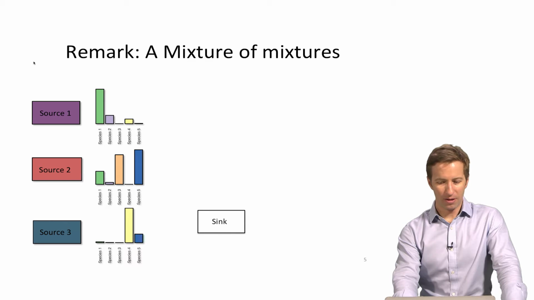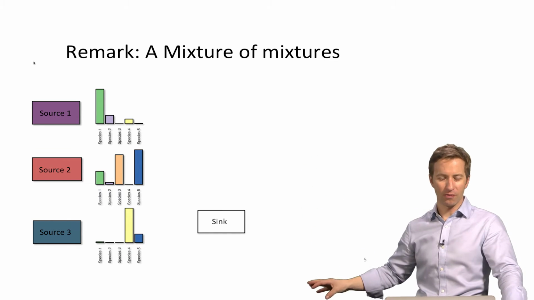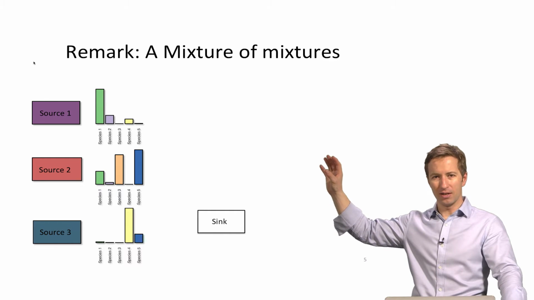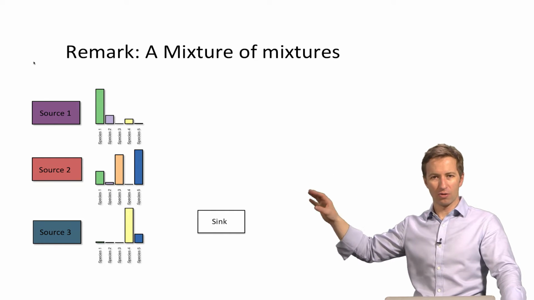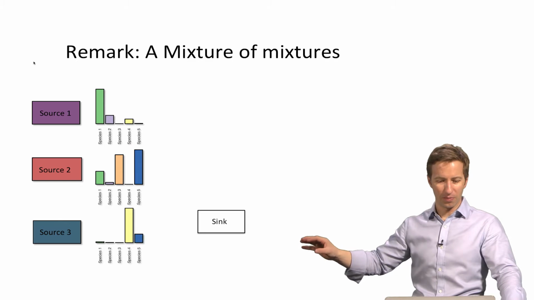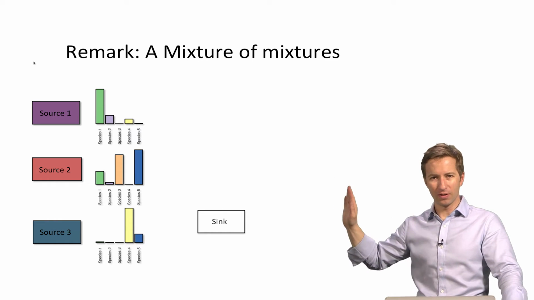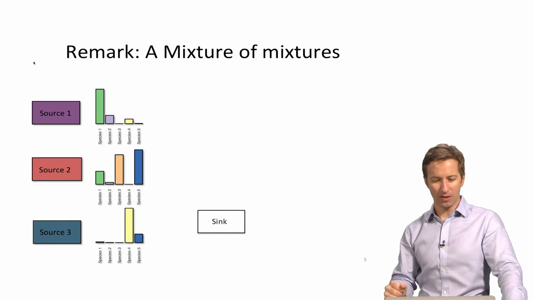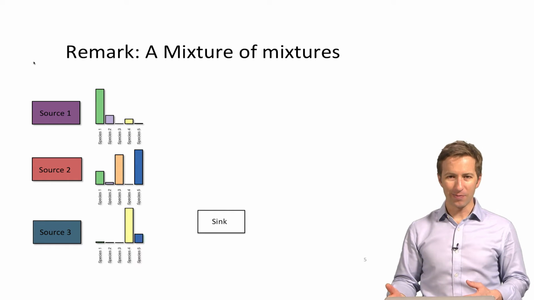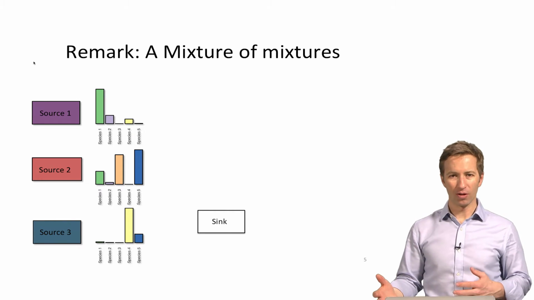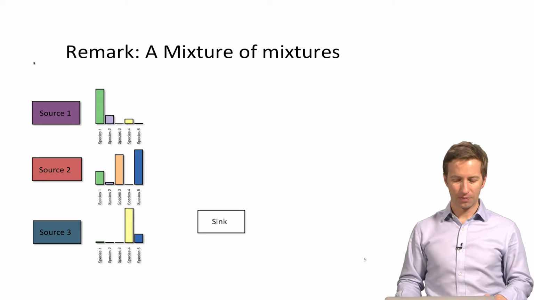And here's a little demonstration of what this looks like. So we could have 3 potential source environments. This could say be skin contamination, soil contamination, fecal contamination. Each of those is a mixture of different species. And some of the species may actually be the same across the environments, more or less, just in different ratios.